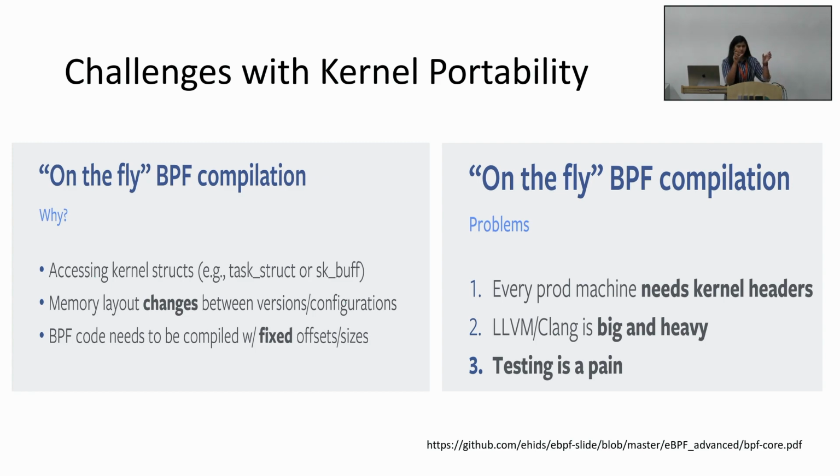In the previous case, it was the namespace ID of the mounted kernel. Across multiple versions of the kernel, the memory layout obviously changes. There are many other tiny things which change, which you as a developer cannot really keep track of because there are so many moving pieces.